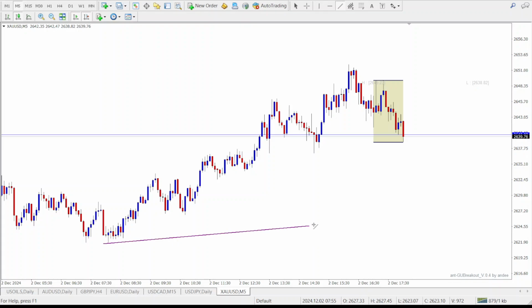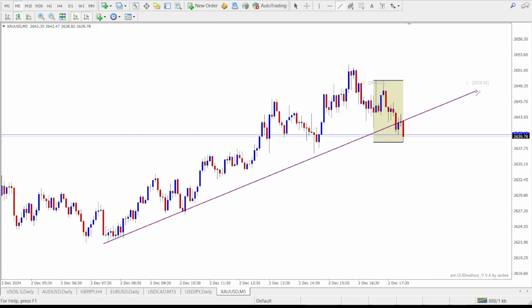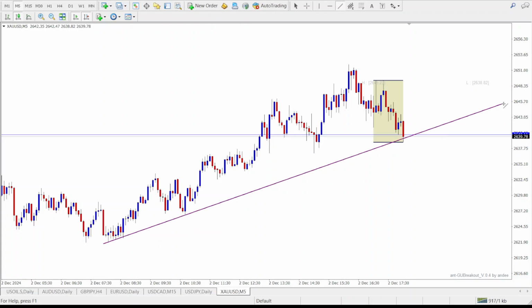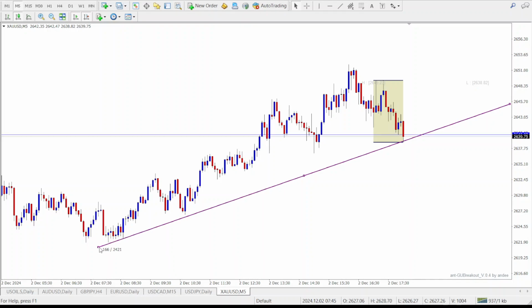For example, in as much as the indicator highlights possible breakout points for us, it's important that we also confirm those points with other tools, one of which is trend lines. If you look closely, you will notice that the support zone given by this indicator coincides with the support zone given by this trend line.